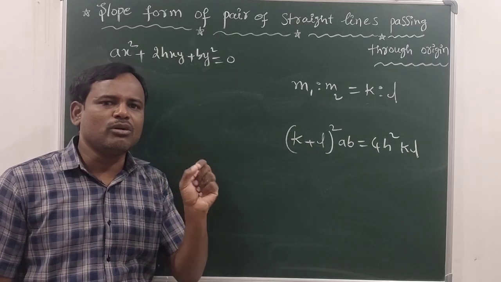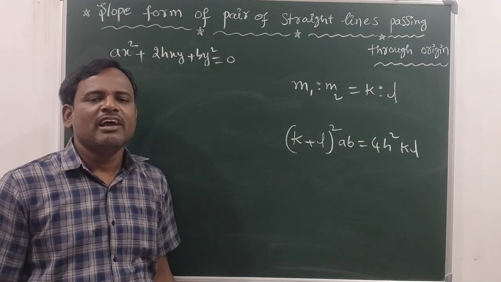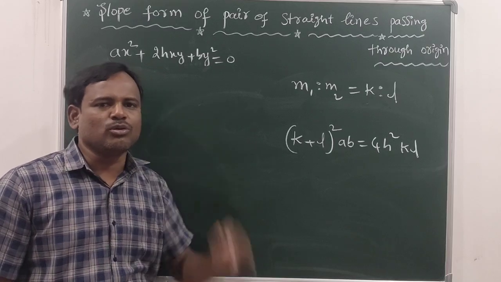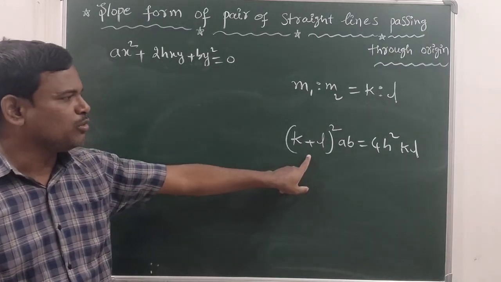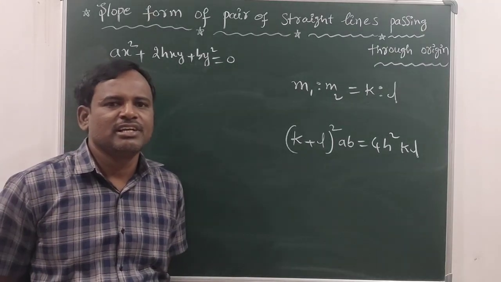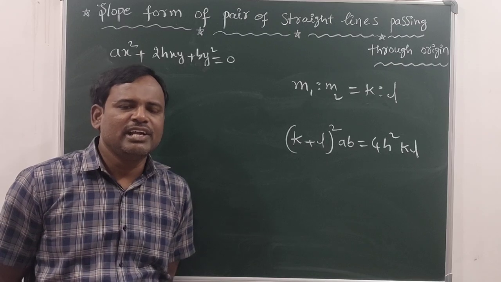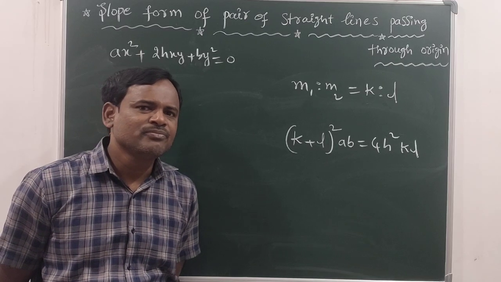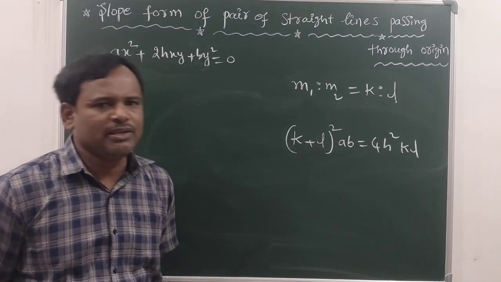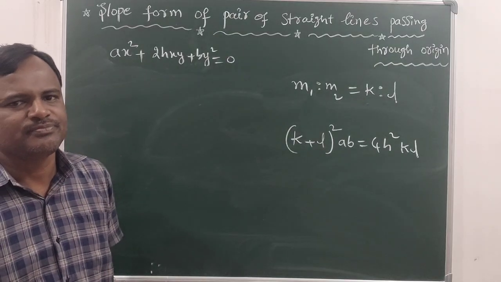One unknown value they will write there, and they will ask you to find that unknown value. In such a case, you have to use this relation.